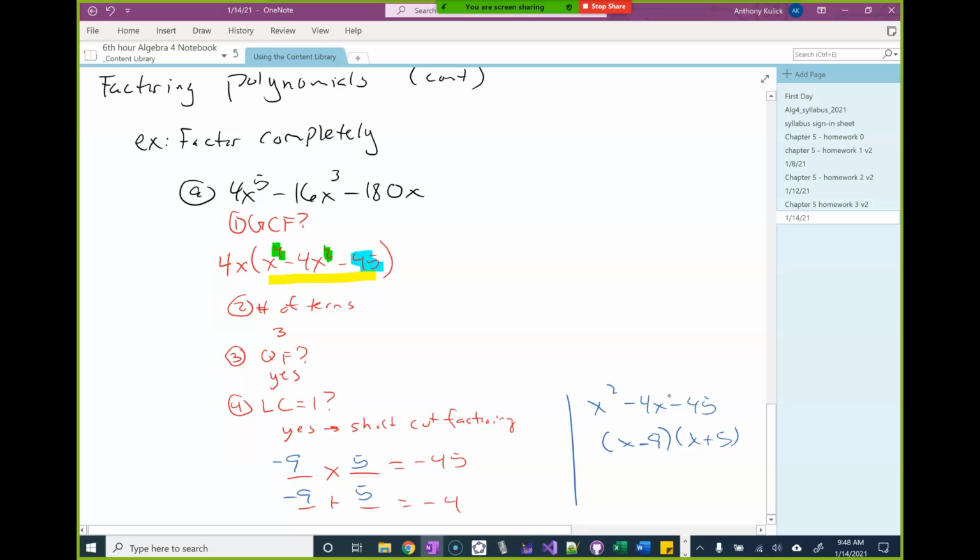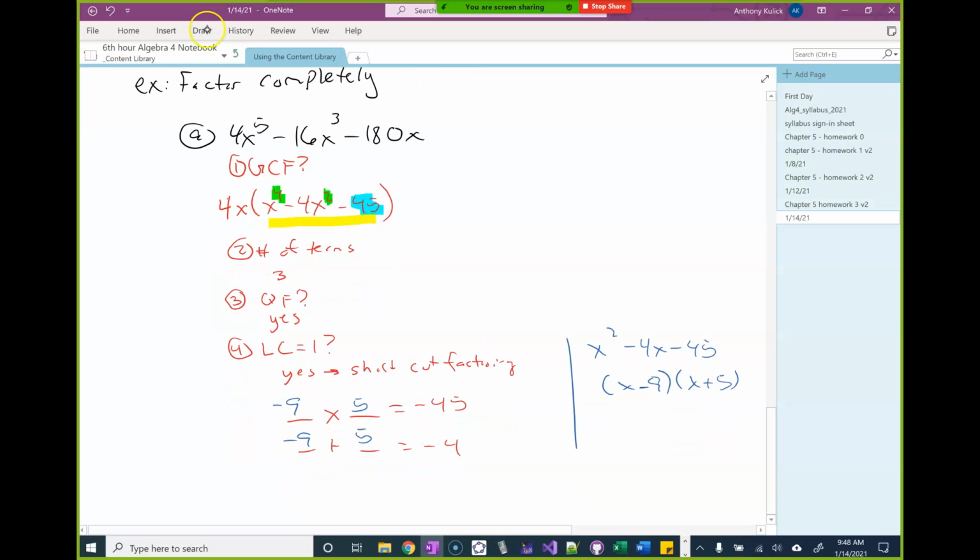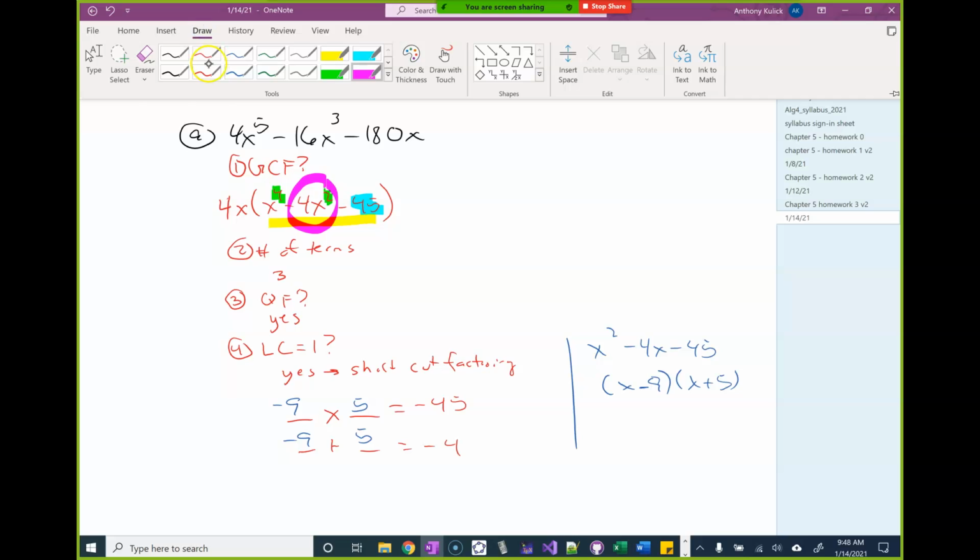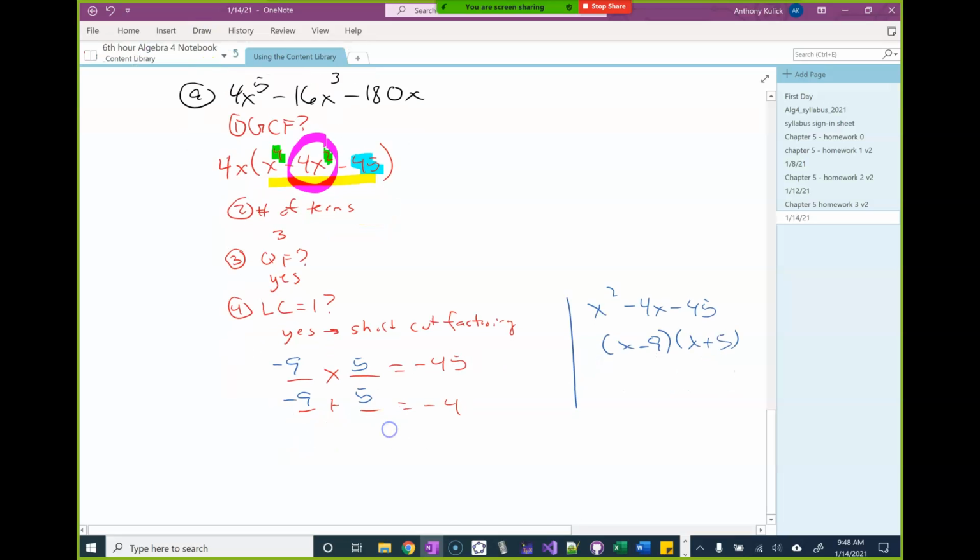So it's still going to be something minus 9 and something plus 5. The difference being that instead of an x, we're going to have an x squared, because that middle term, the variable, is an x squared instead of an x. Is that okay with you guys? So that's an easy thing to forget to do, but it's really important that you do that.